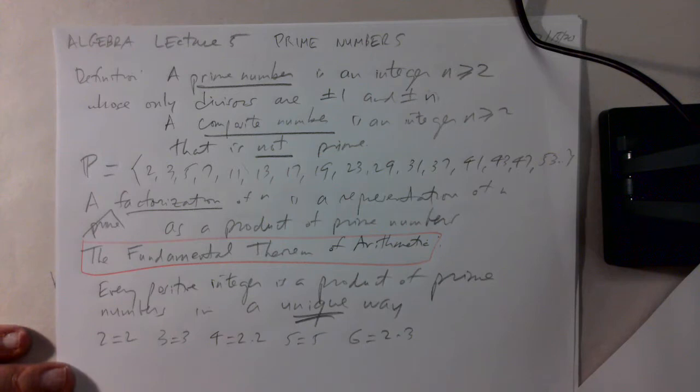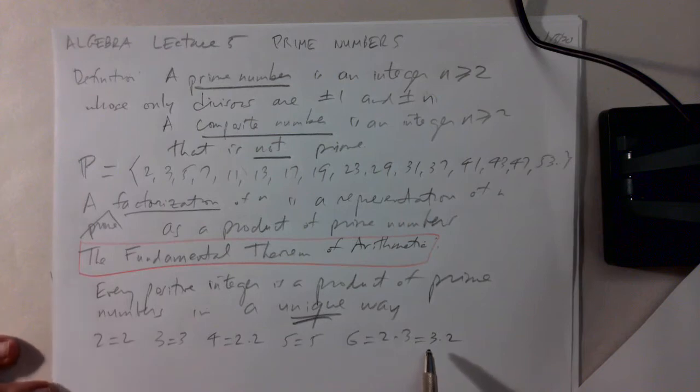Of course, you might say, well, you can also write 6 as 3 times 2. And when we say unique, we mean unique up to order. So if you write a number as a product of primes in 2 different ways, then all you have is that one way of writing the product is some permutation or rearrangement of the primes in the other product.